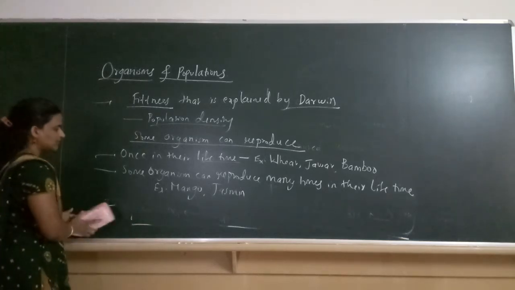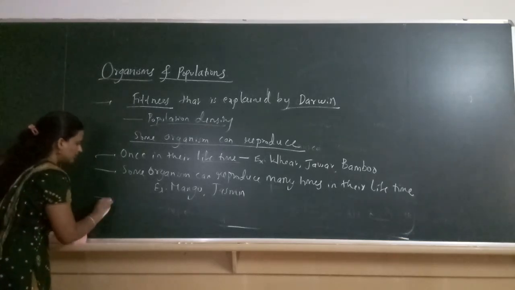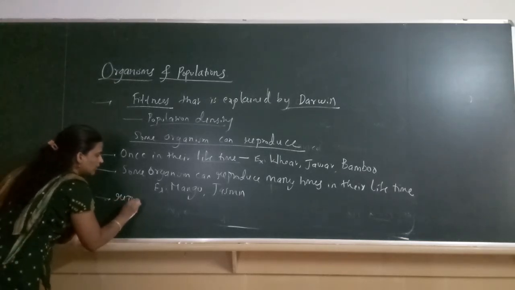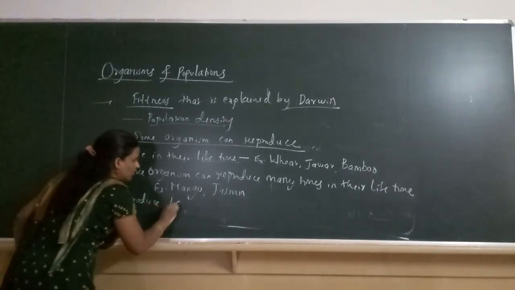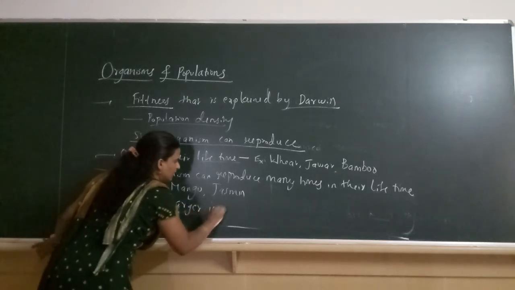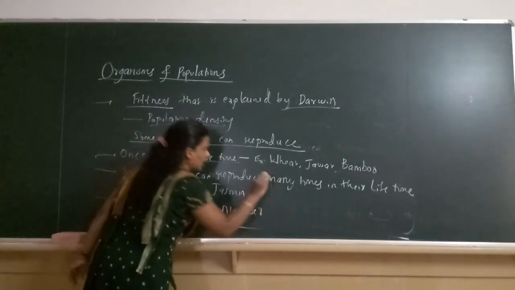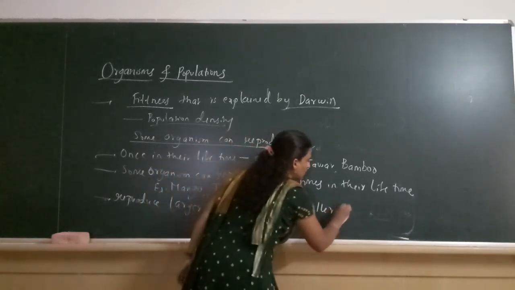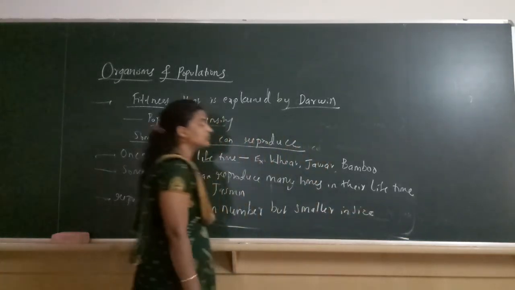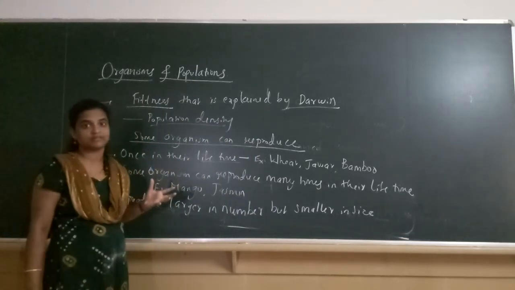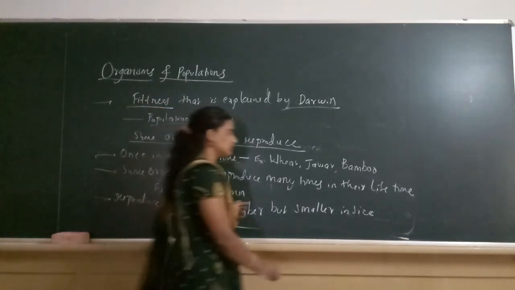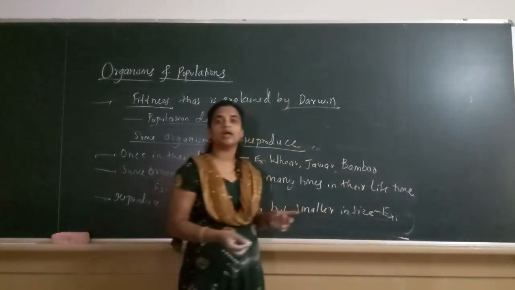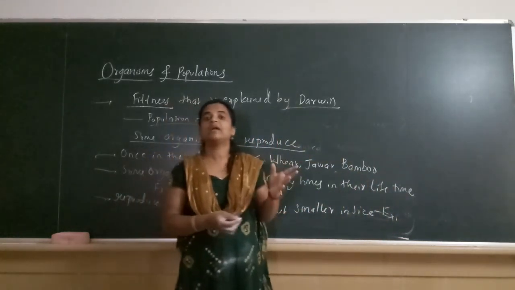And some organisms reproduce larger in number but smaller in size. Some organisms can reproduce in large numbers. For example, a frog or silk moth lays 300 to 400 eggs at a time.